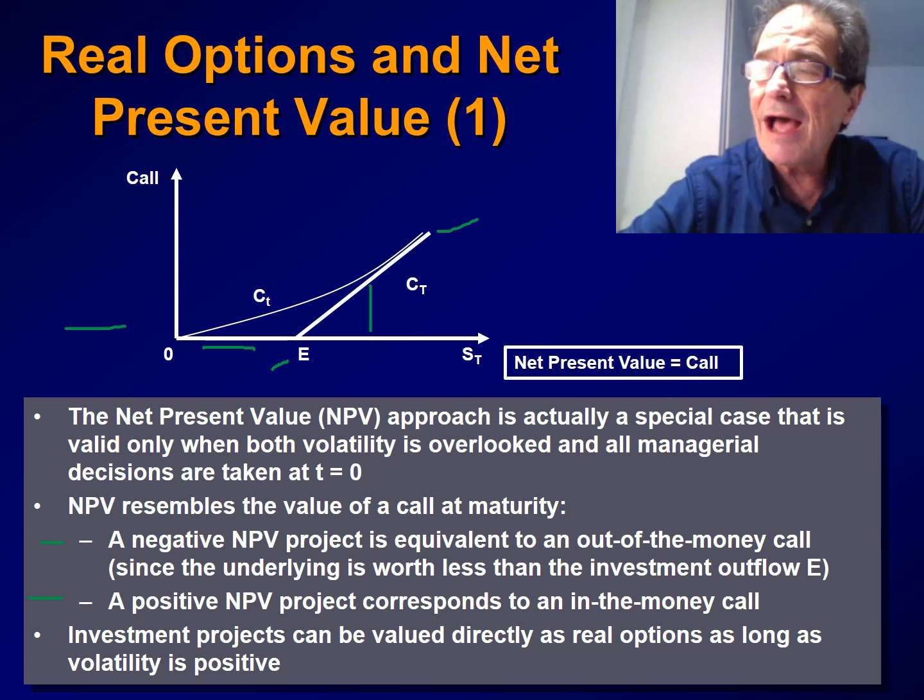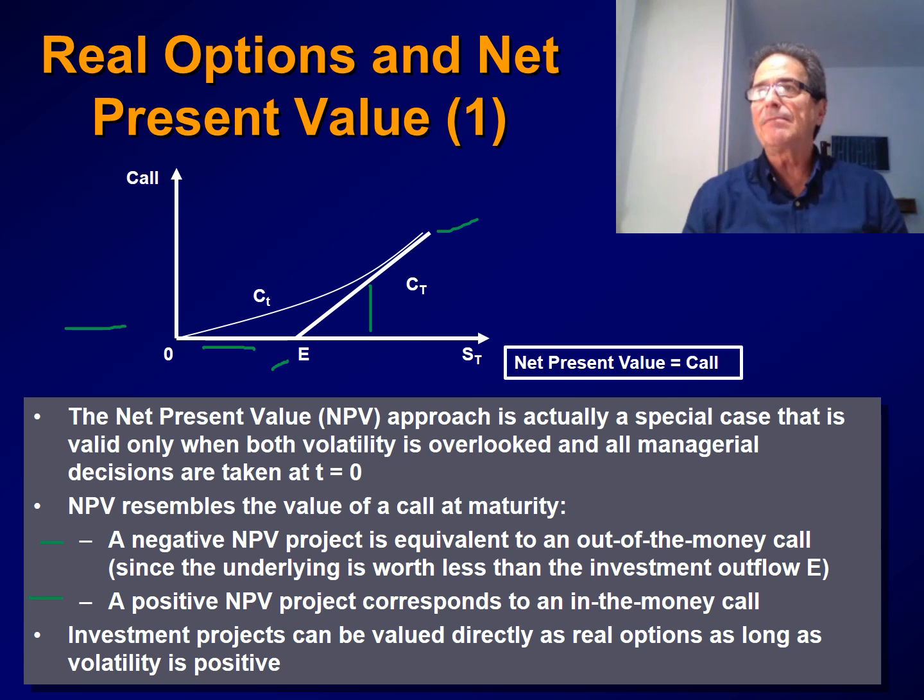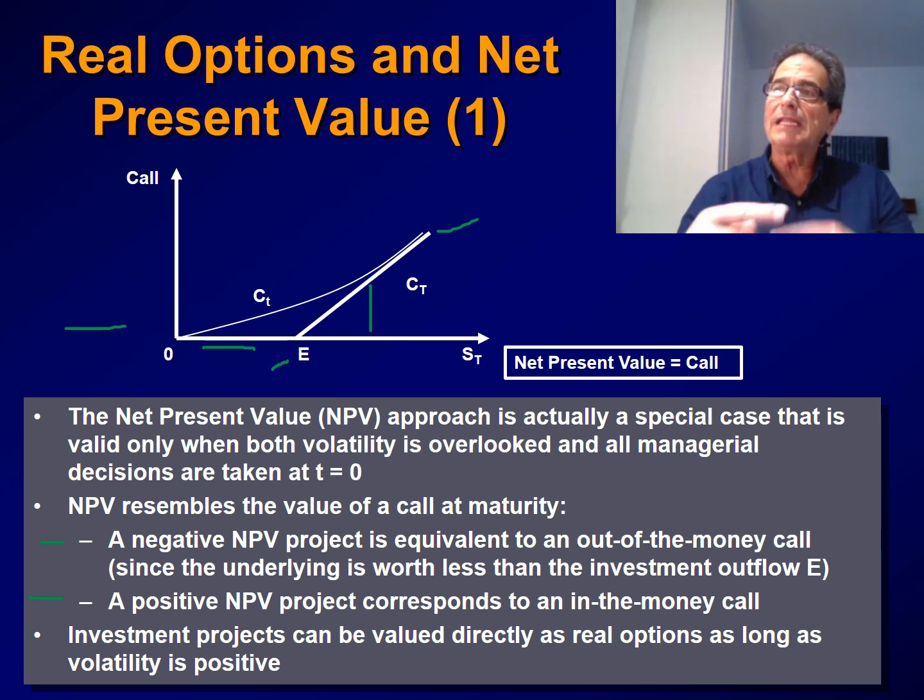When we have volatility and time, which is what happens, for instance, when we have the option to defer the development of the land, we have a time in which we can defer it, and also there is some volatility associated with the returns of the project's net present values.